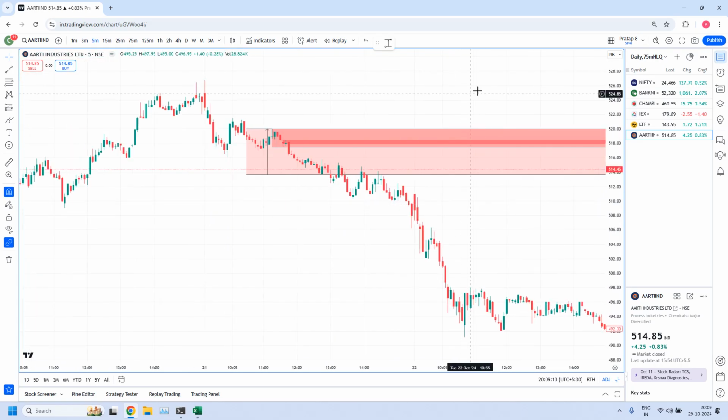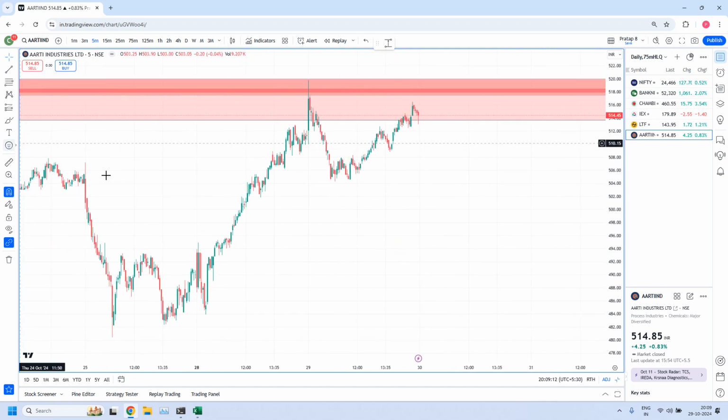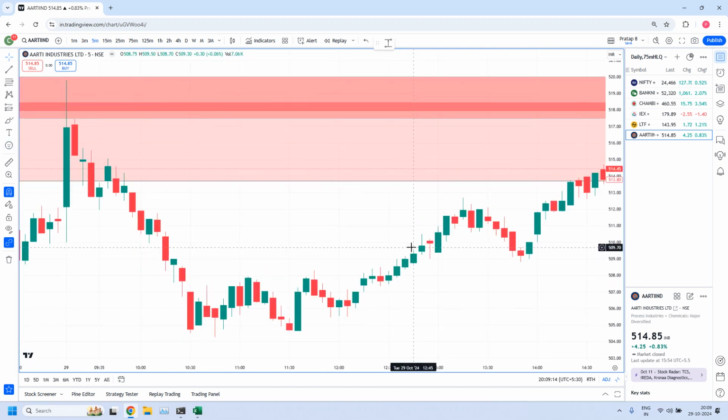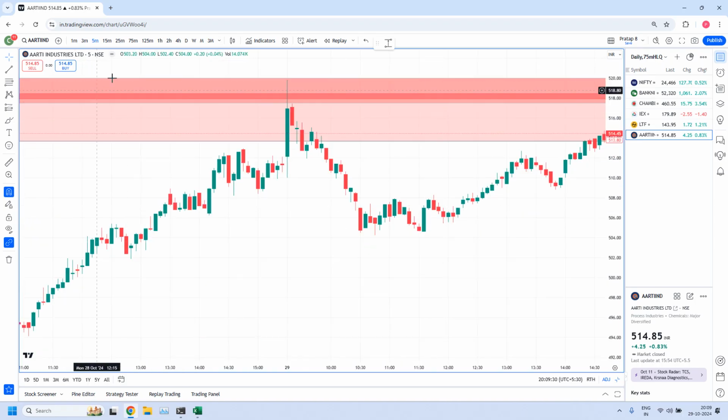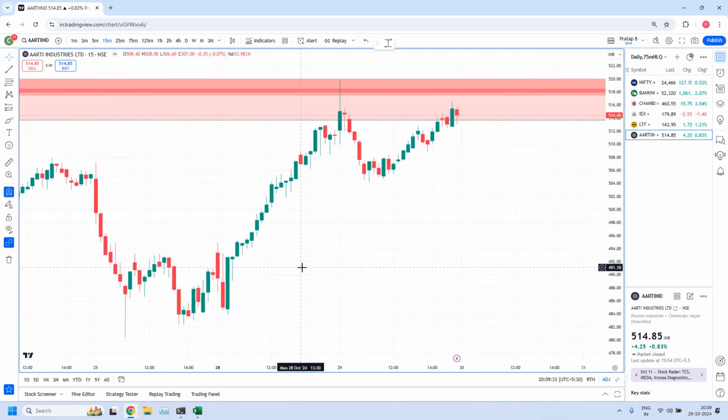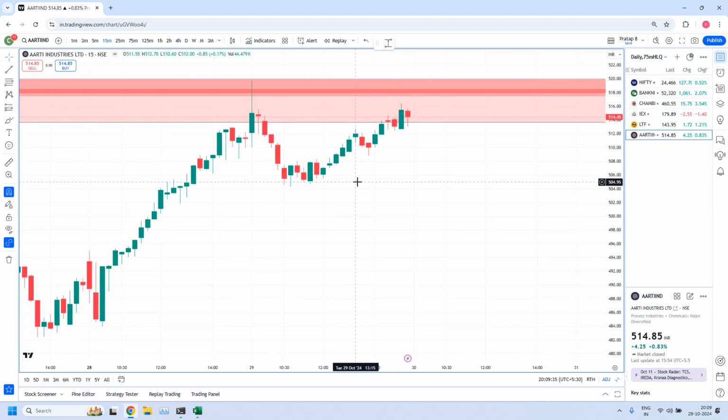See what happened today. Prices reached and then further moved and even violated the stop buffer and moved a little up within the 15 minute zone, and sharply prices came down and came down and came down and finally reached the 15 minutes target also here.